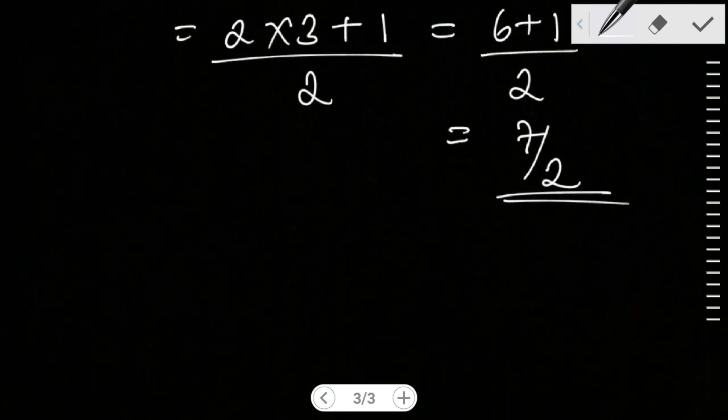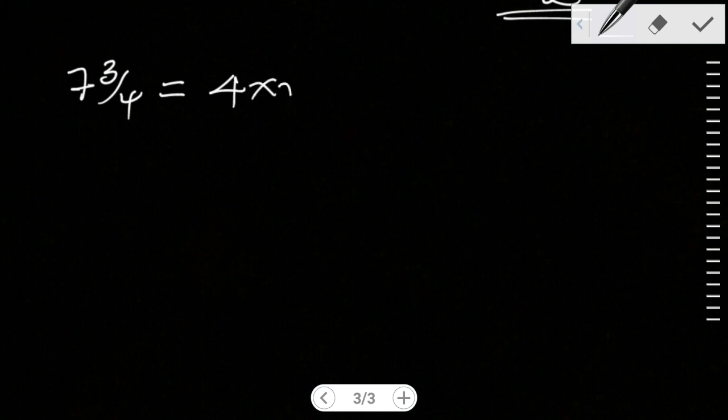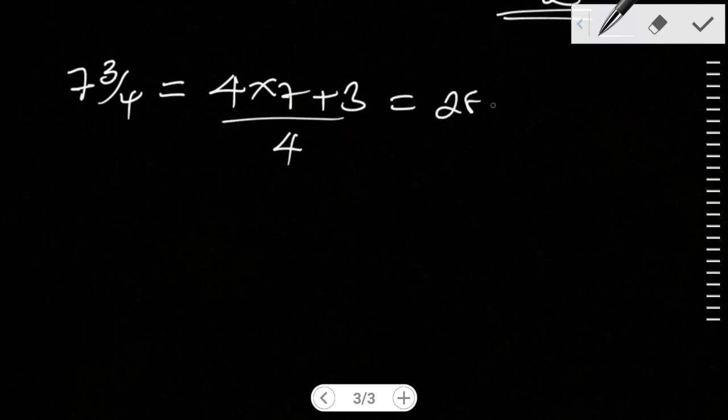Now let's try another example. If I have 7, 3 out of 4, this would be 4 times 7 plus 3 all over 4, which is 28 plus 3 all over 4, equal to 31 all over 4.